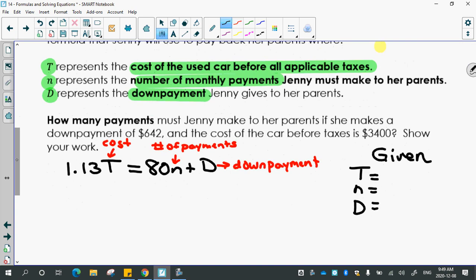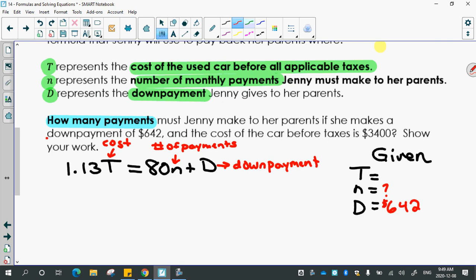How many payments? So there's the question right there. So the number of payments is N. So there's my question mark. How many payments must Jenny make to her parents if she makes a down payment? So D is $642.